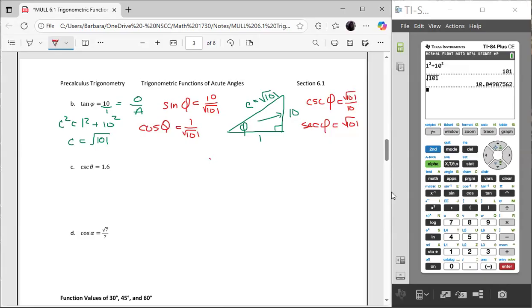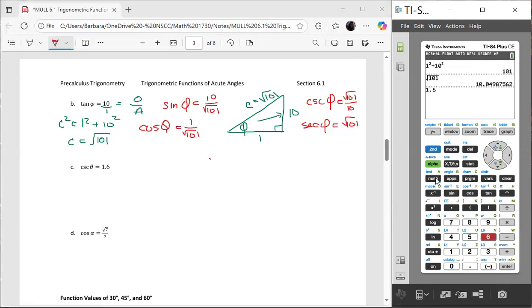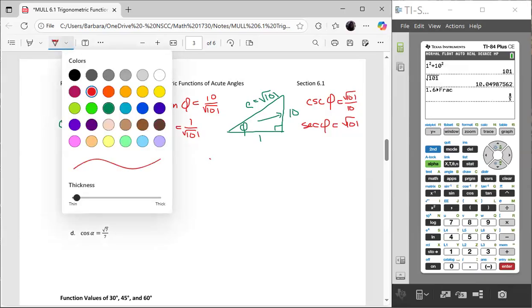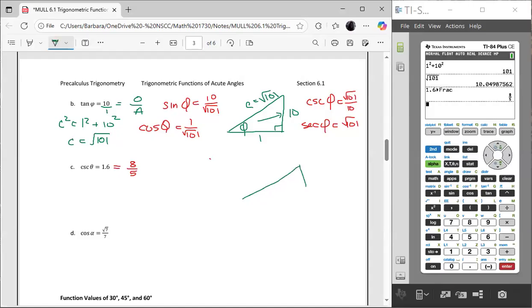Let's see, we have the cosecant theta is equal to 1.6. If we want to write 1.6 as a fraction, that would be 8 over 5. Sketching a graph. We have a right triangle. The theta is here.